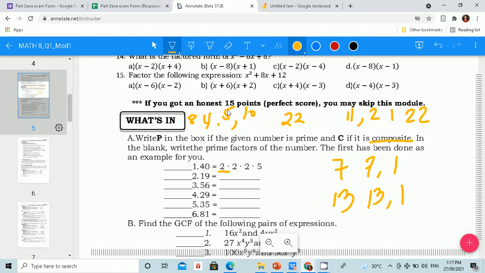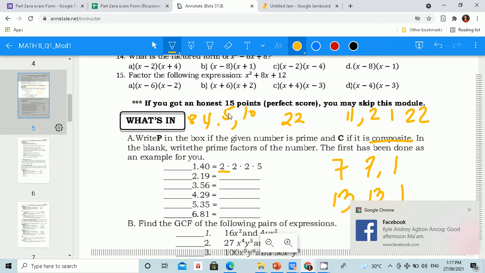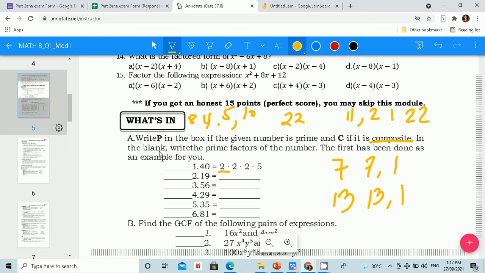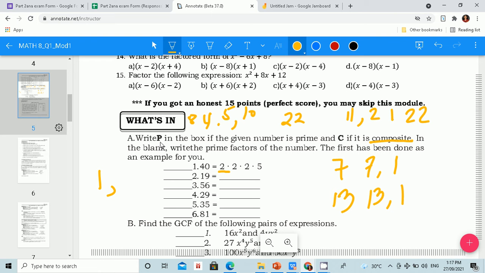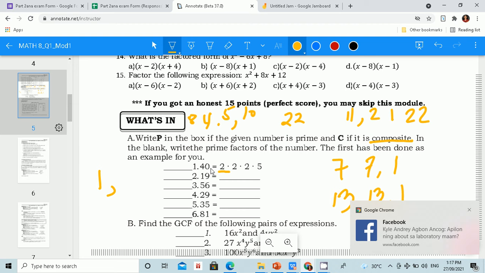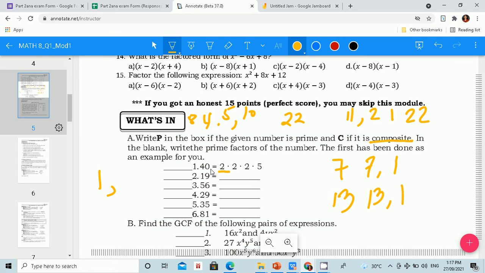Now, class, remember that it is composite when there are a lot of numbers that can be used to divide it. However, it is prime when you have only one and the number itself, so only two numbers that can be used to divide the number. So 40 is a composite number.